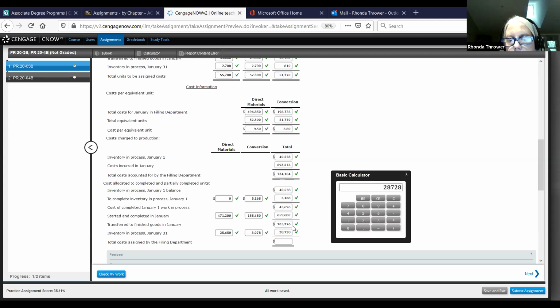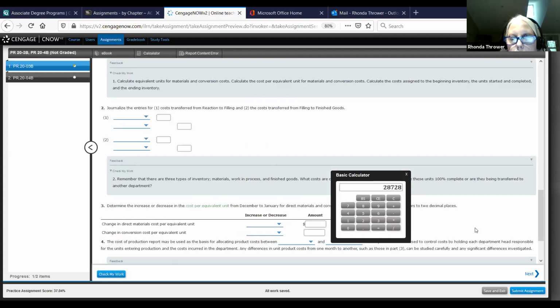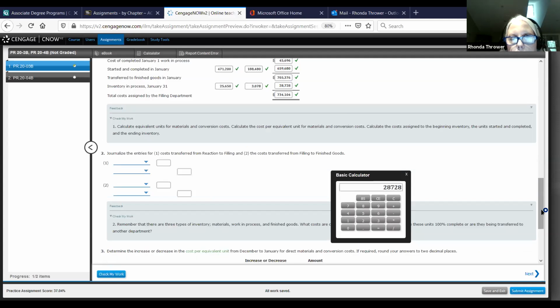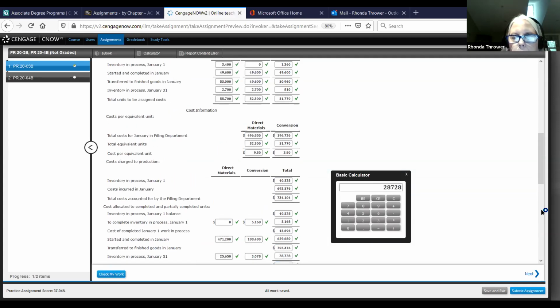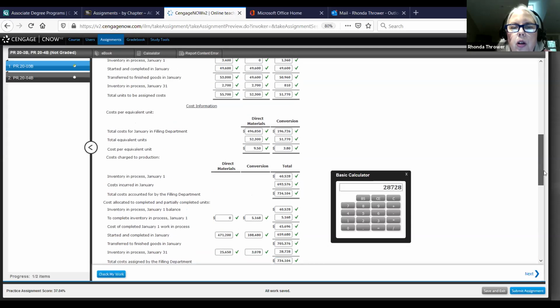And the two of these added together have to be equal to this 734,104. Okay, so that is your cost of production report completed for you.